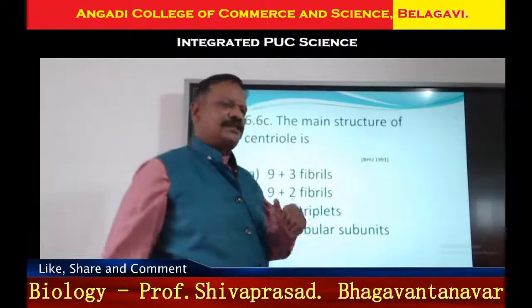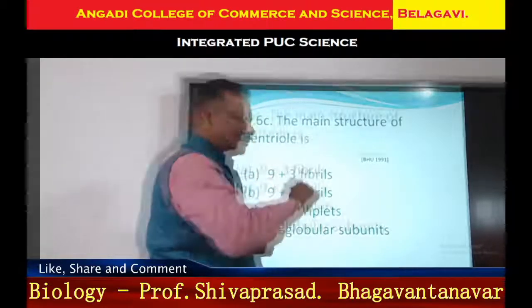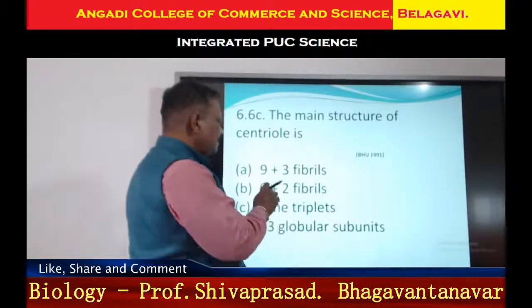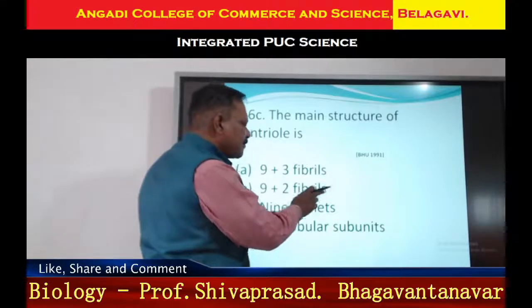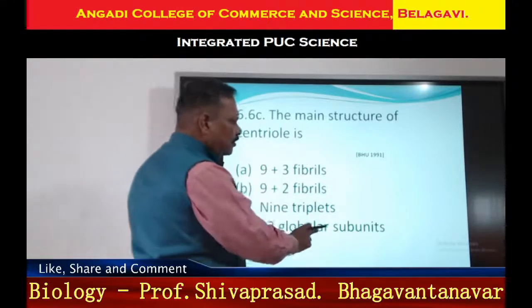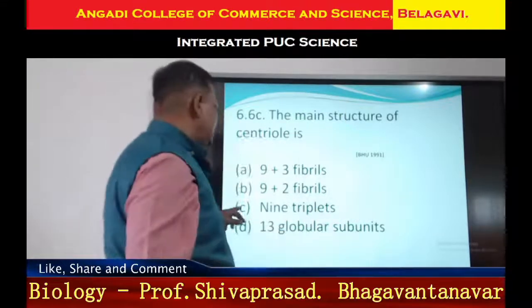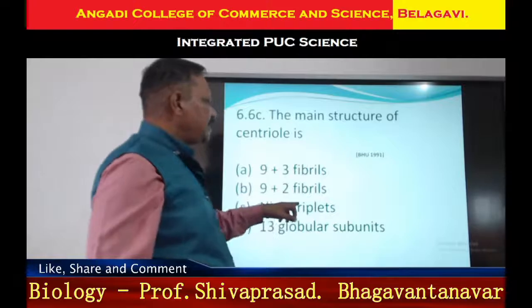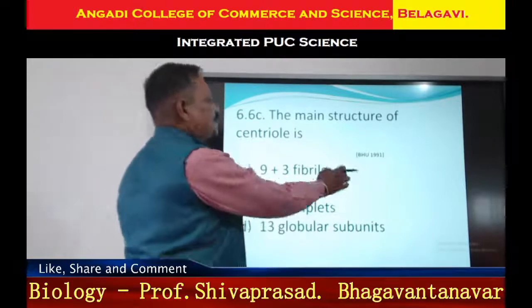Now, 9 plus 3 fibrils, 9 plus 2 fibrils, 9 triplets, 13 globular subunits. The correct option is option C, 9 triplets. We'll move to the next.